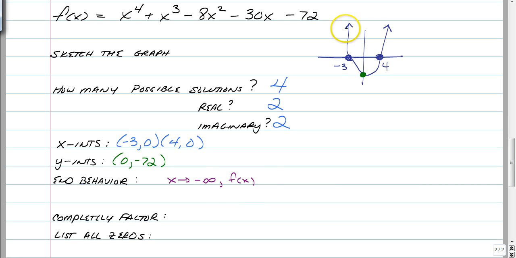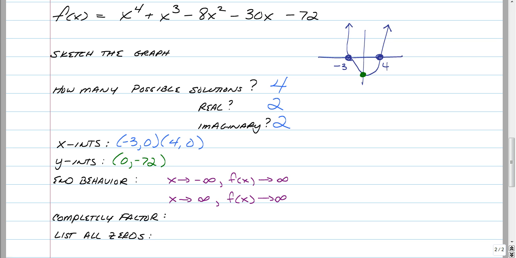As you go to the left, the graph is going up, so the function approaches positive infinity. As x goes to positive infinity, also known as the right for this graph, the function is also going up to positive infinity. Another way you could have thought about that is this is a positive even power, and positive evens will go to positive infinity for both the left and right. So now you have an idea of what this is supposed to be when you are finished.